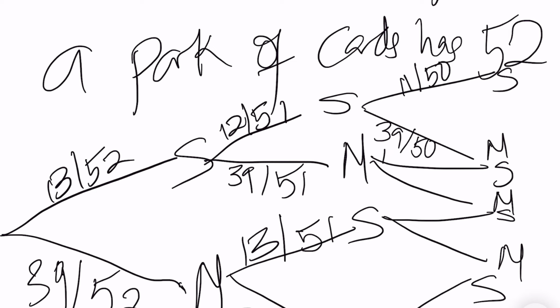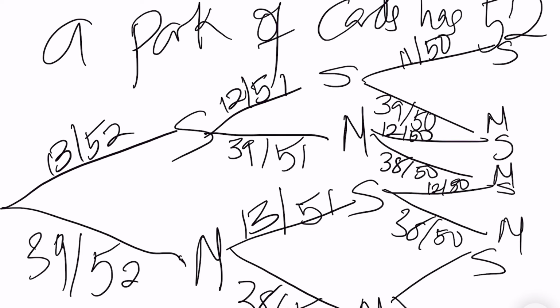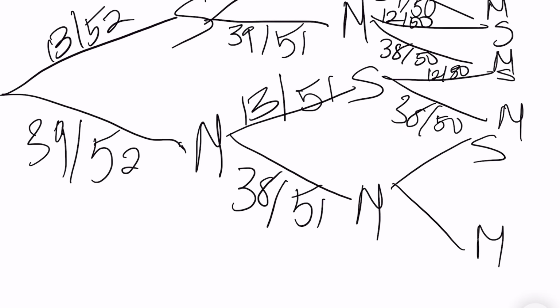From N, we have 12 over 50 and here we have 38 over 50. Here we also have 12 over 50 and here we have 38 over 50. And there we now have 37 over 50. And this one will still remain as 13 over 50.